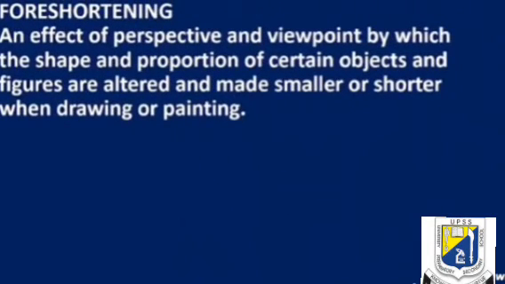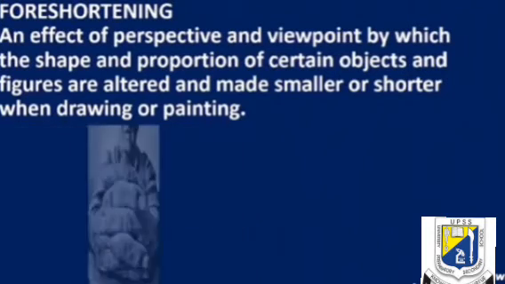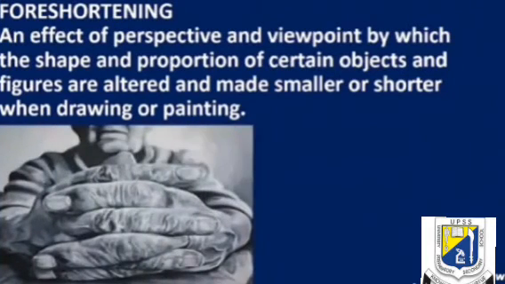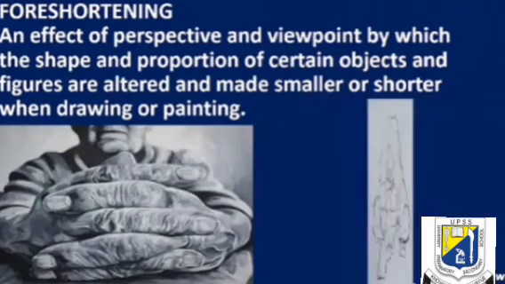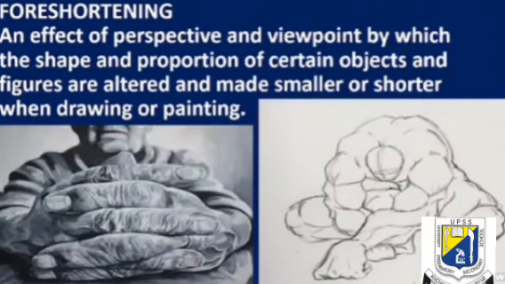The next word is foreshortening, an effect of perspective and viewpoint by which the shape and proportion of a certain object and figures are altered and made smaller or shorter when drawing or painting. Yes, we have two drawings here.